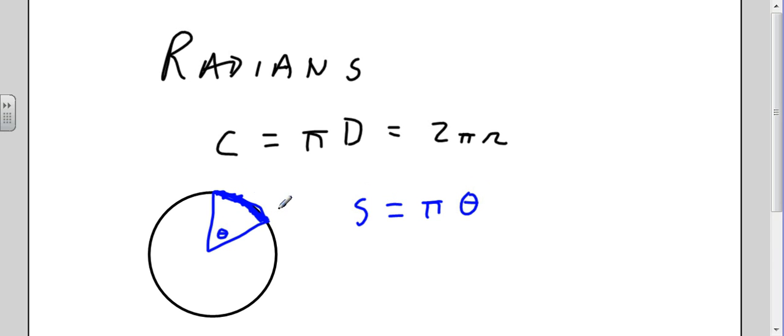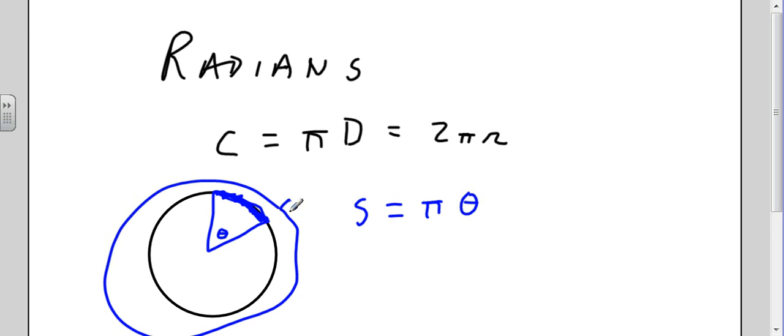If I went all the way around the circle, theta would be 2 pi, so I'd have the whole thing, 2 pi r. But my radians are going to be whatever that theta is for that sector.